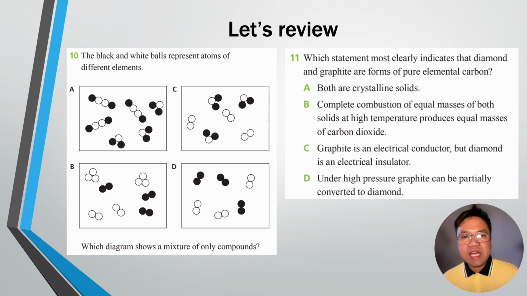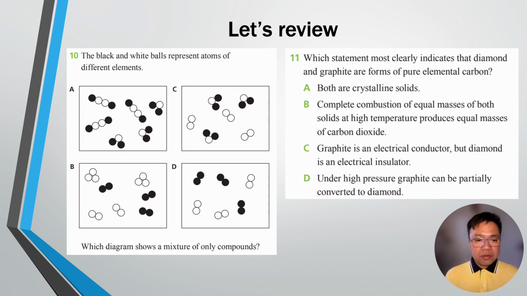To determine which diagram represents a mixture of only compounds, we need to look for a diagram that shows different groups of atoms bonded together, with no single or uncombined atoms present.